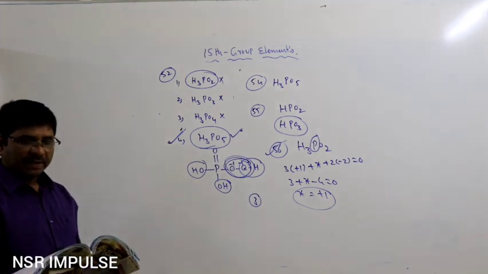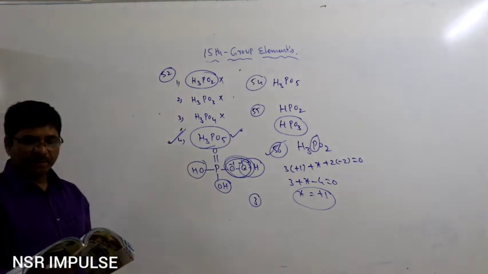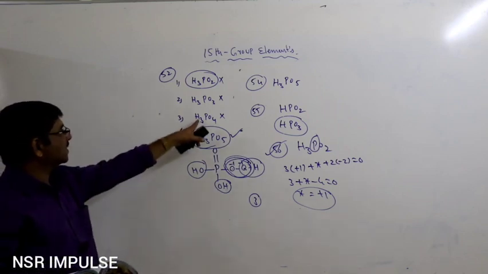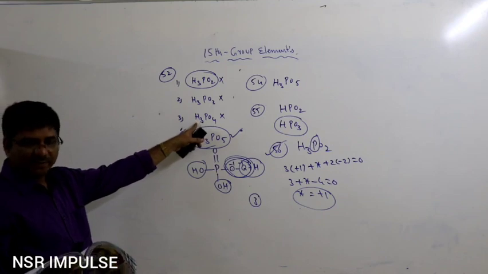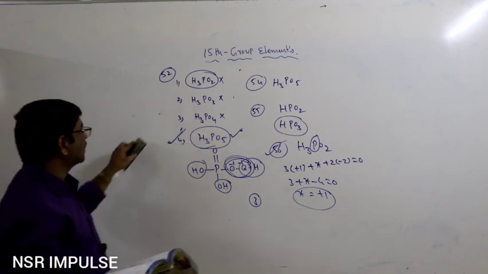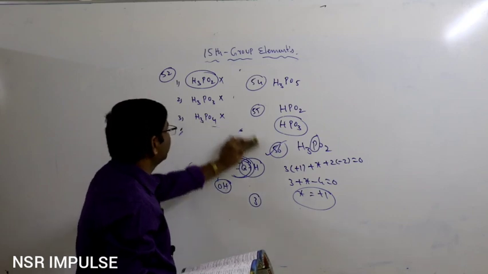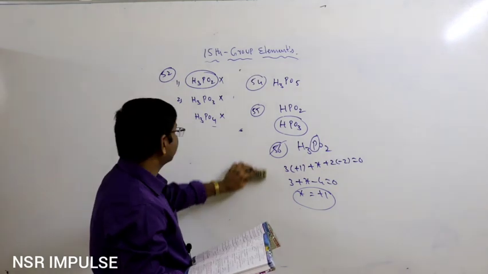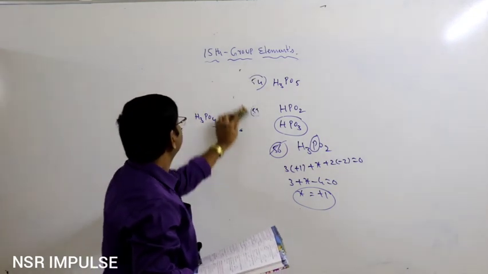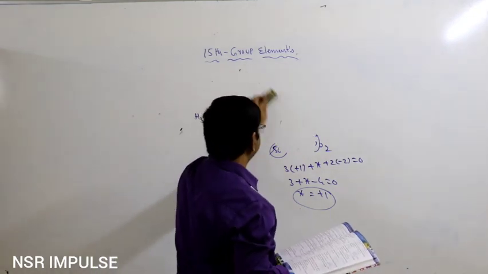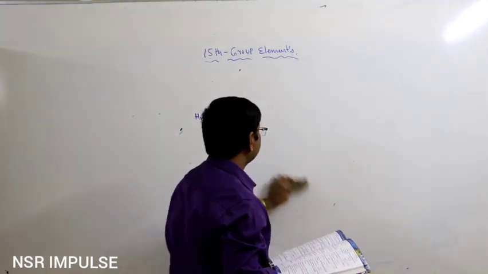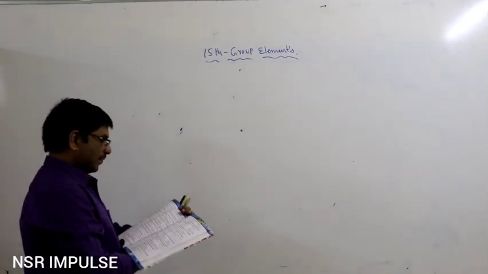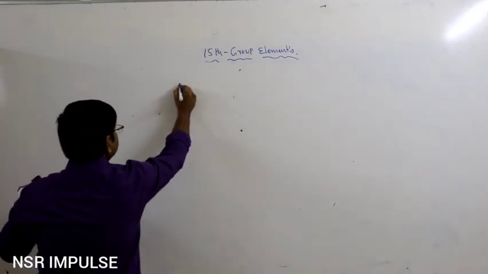Next, 57. The number of hydroxyl groups possible in phosphoric acid. Already you know, what is the phosphoric acid formula? H3PO4. Question number 57.